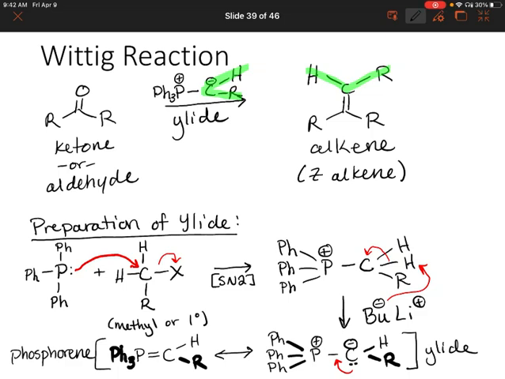All right, so again, when you're preparing this ylid molecule, you need that phosphorus that's bonded to 3 phenyl groups, and then you also need a simple alkyl halide.